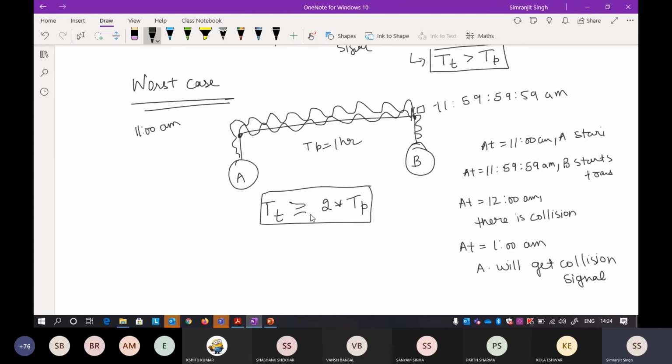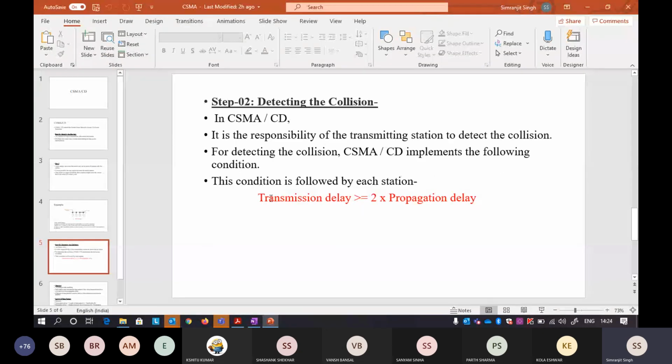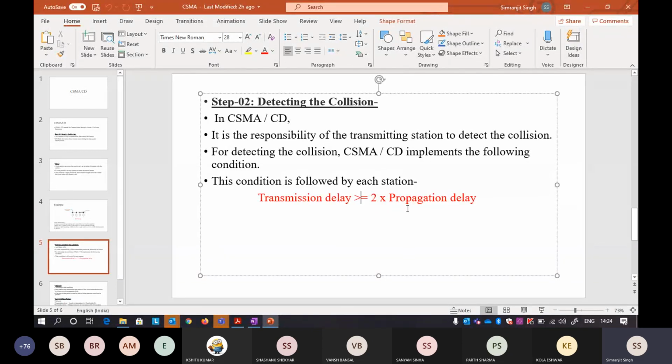At the worst case, I need two TPs: one TP to reach B, and one TP back for the collision signal to get to A. That is why I need two TP here, and that is why the transmission delay is given as 2 into propagation delay.